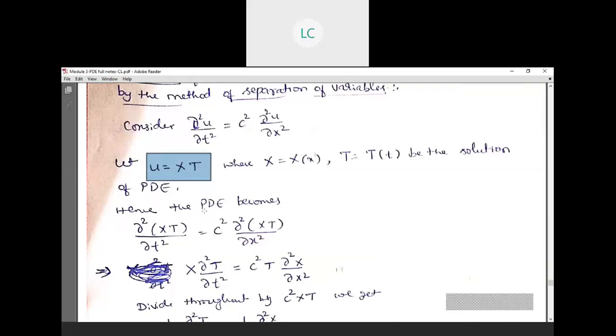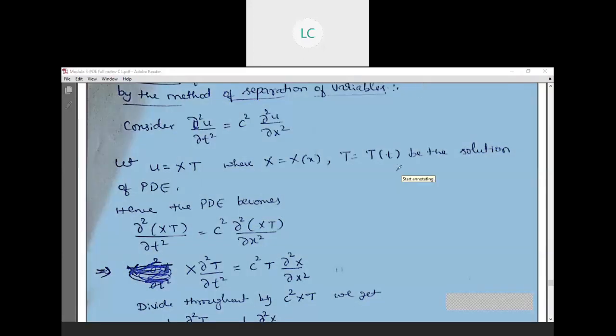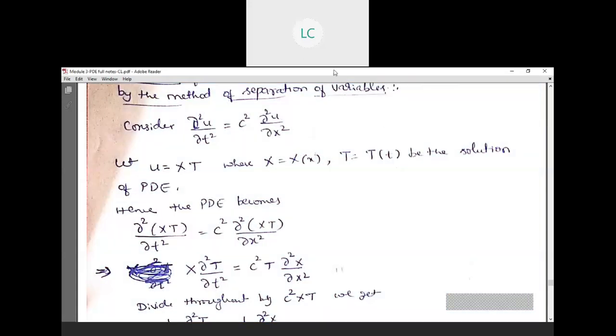Now in the wave equation, on both sides LHS and RHS, replace u by capital XT. Now observe here: ∂²(XT)/∂t² is equal to c² ∂²(XT)/∂x². Here we have the derivative with respect to t, here with respect to x.